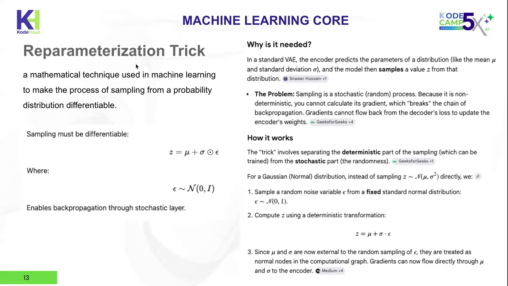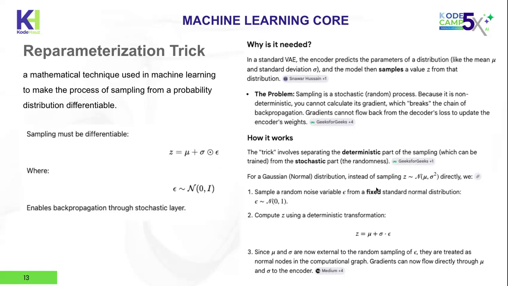That's what we call the reparameterization trick. So what they do is, instead of sampling from the entire distribution, you rather have a kind of base distribution, right? What we call the deterministic part, right? Which is basically a probability distribution around the mean and standard deviations, right?